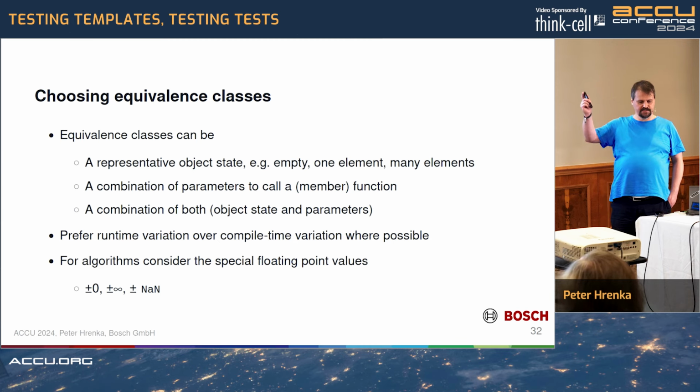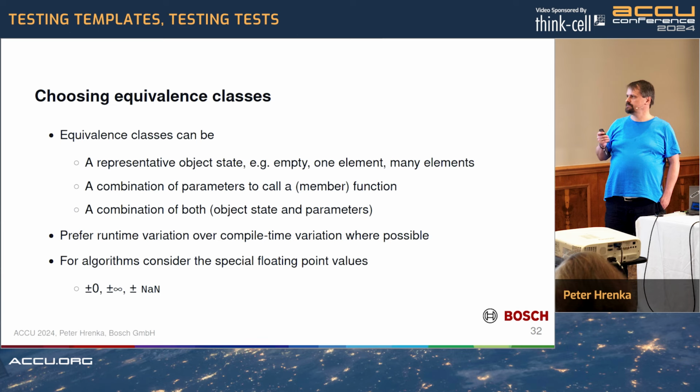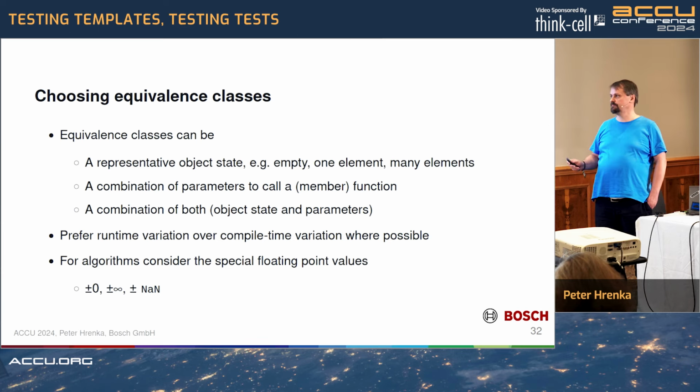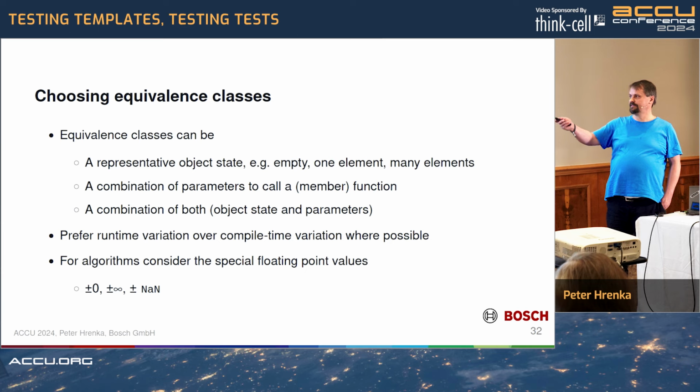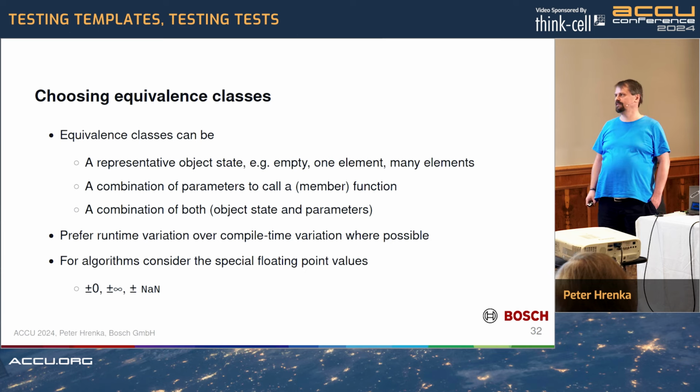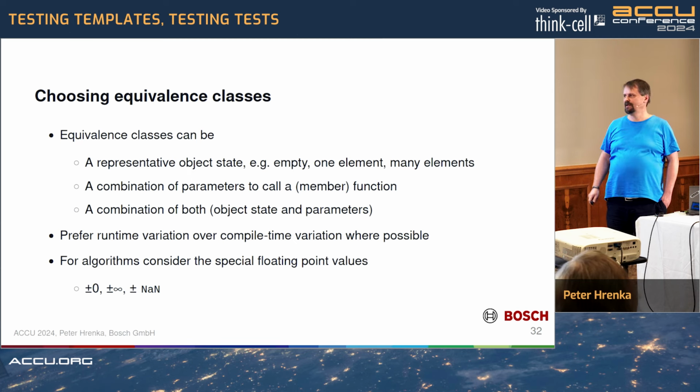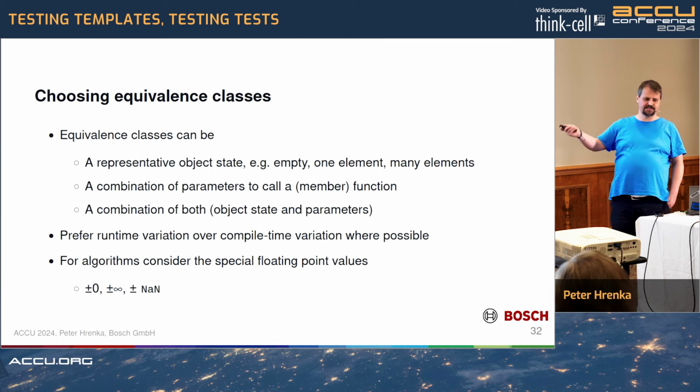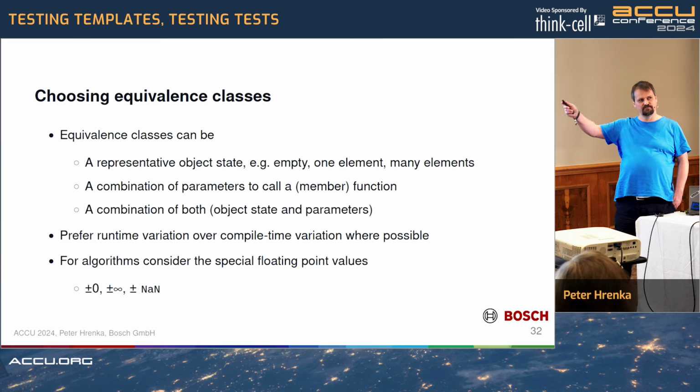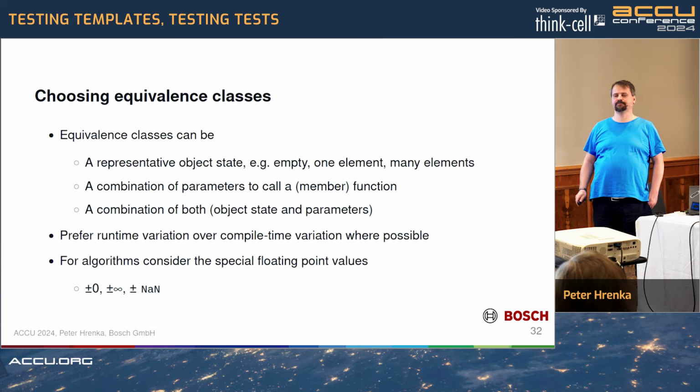We had some different numbers here. What's also important if you're dealing with mathematical functions or functions taking float numbers, there are special float values that not everybody's aware of, and they have really funny properties, especially the not a number. That's a topic for another talk. But if you want to be thorough, these should be good candidates for your equivalence classes.